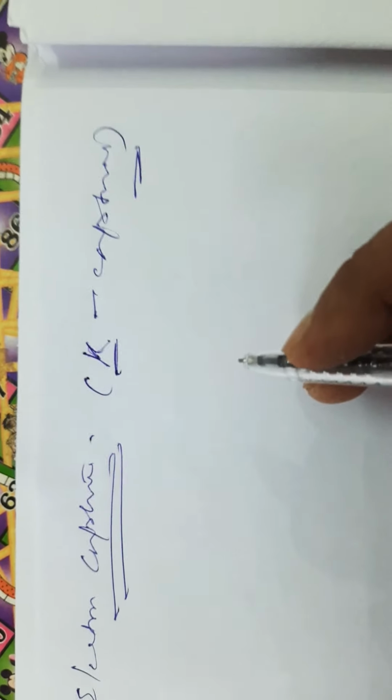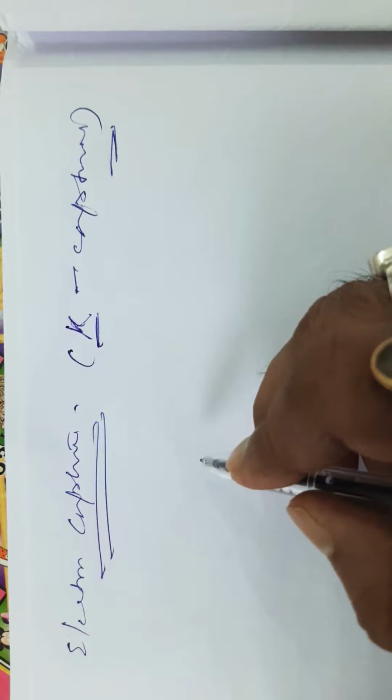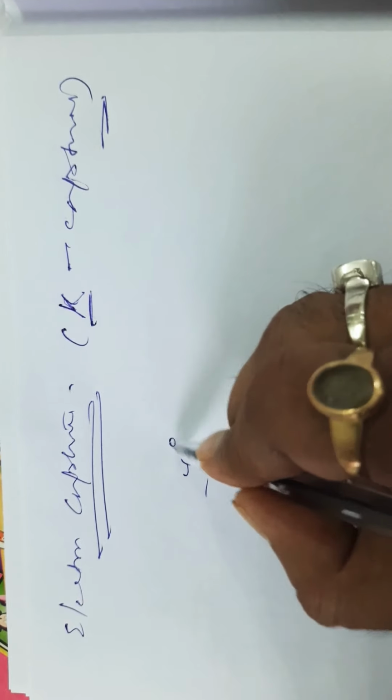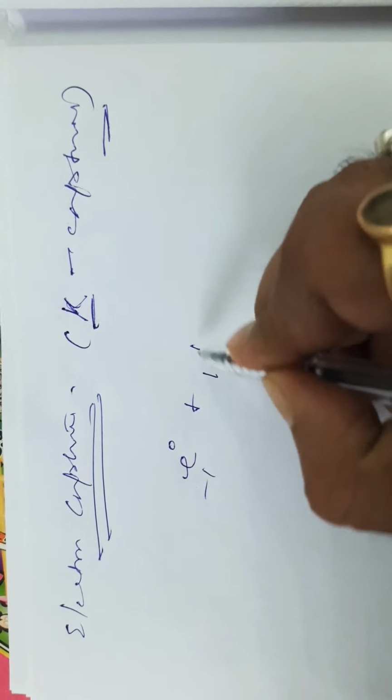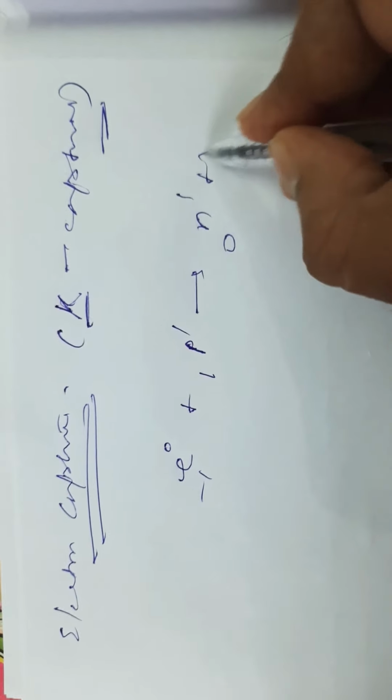So in this process also, as in positron decay, a proton is converted into a neutron. So the process may be expressed as e minus 1 naught plus 1 p 1. It gives you just this much.